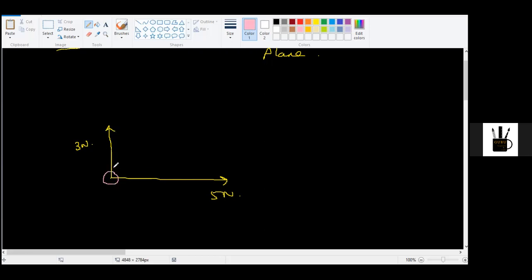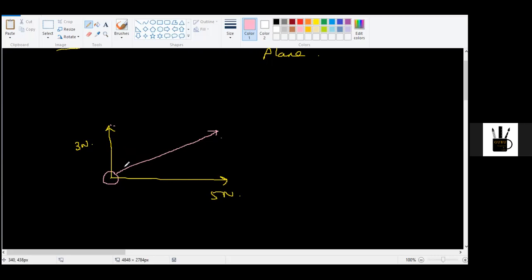Which way is the ball going to go? 5 Newton side, sir. It won't go exactly there, sir. It'll go more towards the 5 Newton side, but there'll be a little bit of vertical. Yeah, so it's going to go somewhere here.